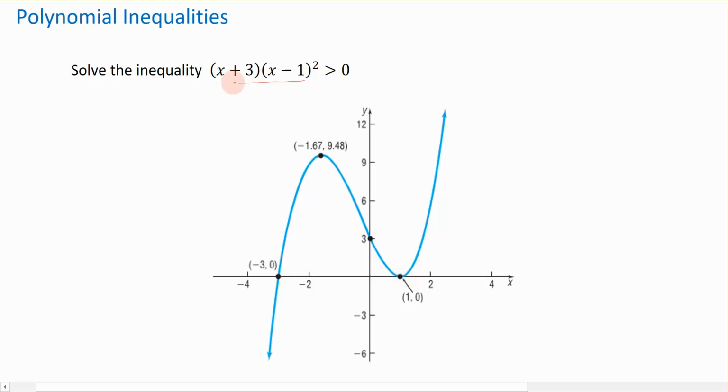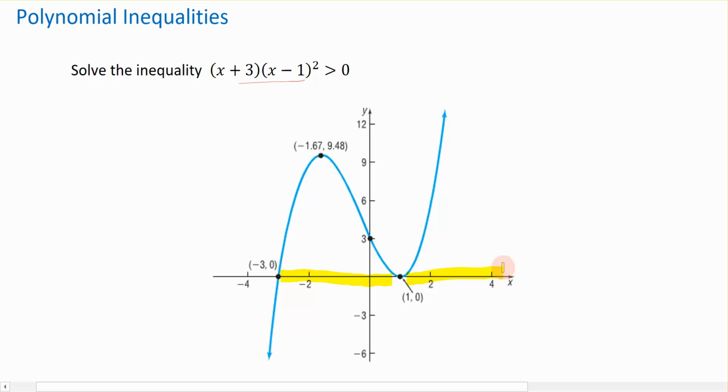Now, if I want to ask you, where is the function greater than 0? I'm basically asking you, where is the function above the x-axis? So looking at the picture down here, I am above the x-axis within this section, and then again I am above the x-axis over here on that section.